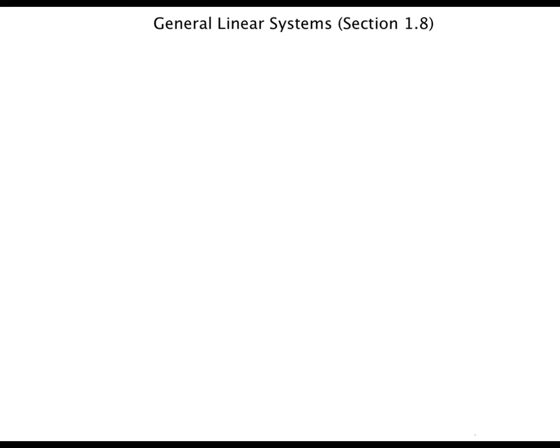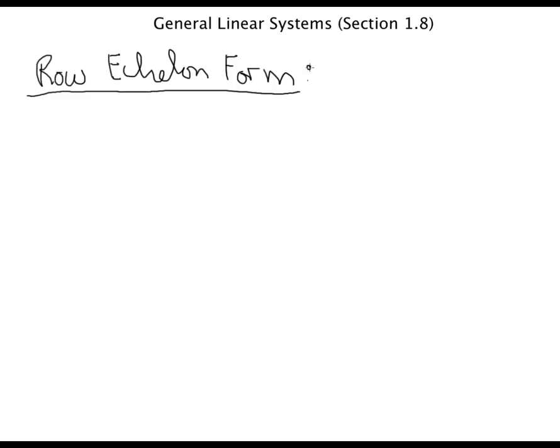Okay, so that serves as an introduction to an important concept in this chapter, which is called row echelon form. This is a generalization of the form that we've been using for solving non-singular n by n equations.